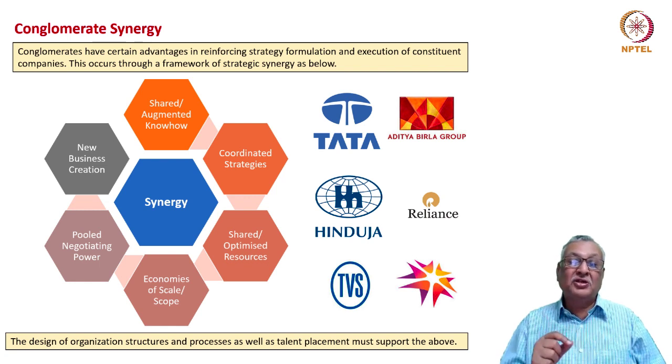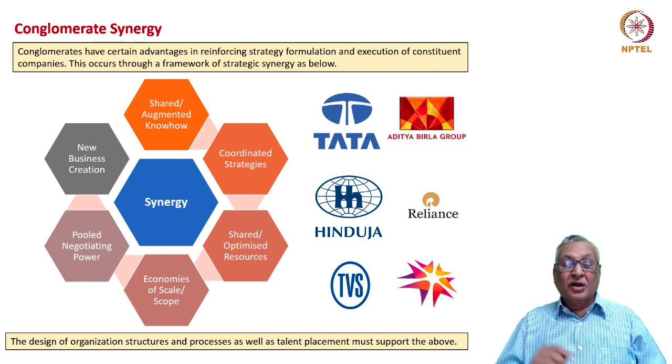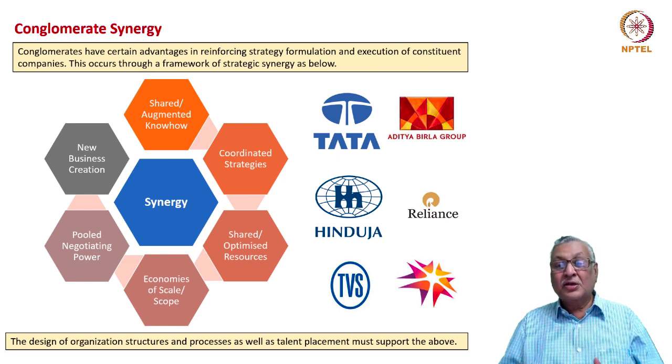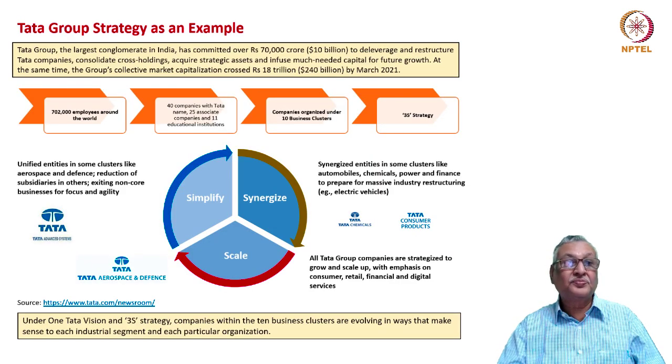However, the way we structure the organizations and the way we get them together to brainstorm, as well as talent placement across the group companies, are essential to support the above conglomerate strategy.